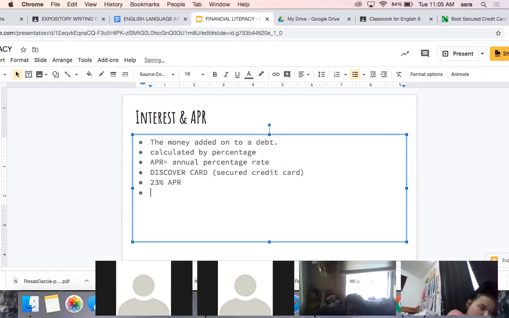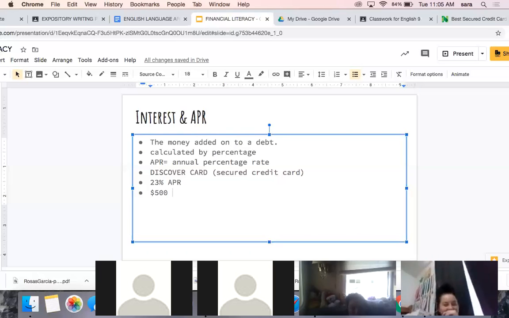So let's do some math. If Abby gets into debt for $500, let's say she owes Discover 500 bucks. She doesn't pay them. Just says, I don't have money, deal with it. Well, the bank, after 6 months, is going to start charging 23% of whatever debt she has.